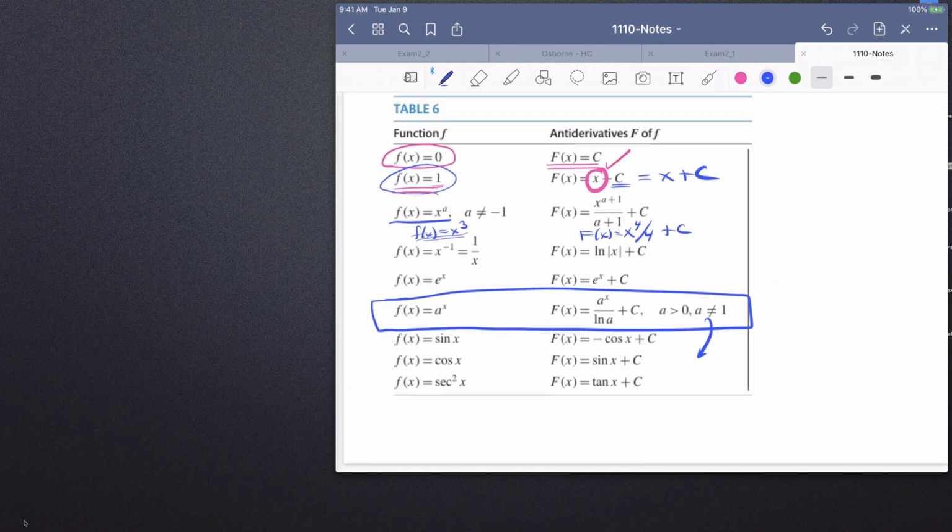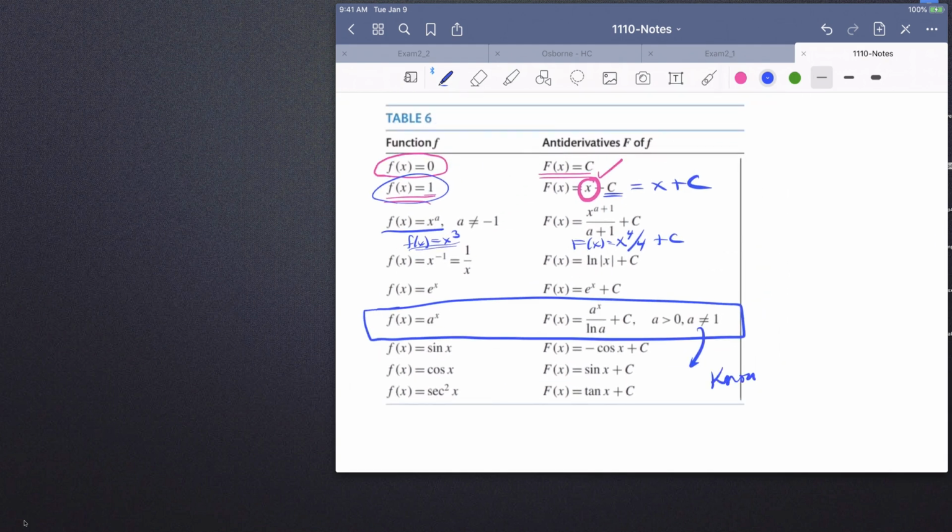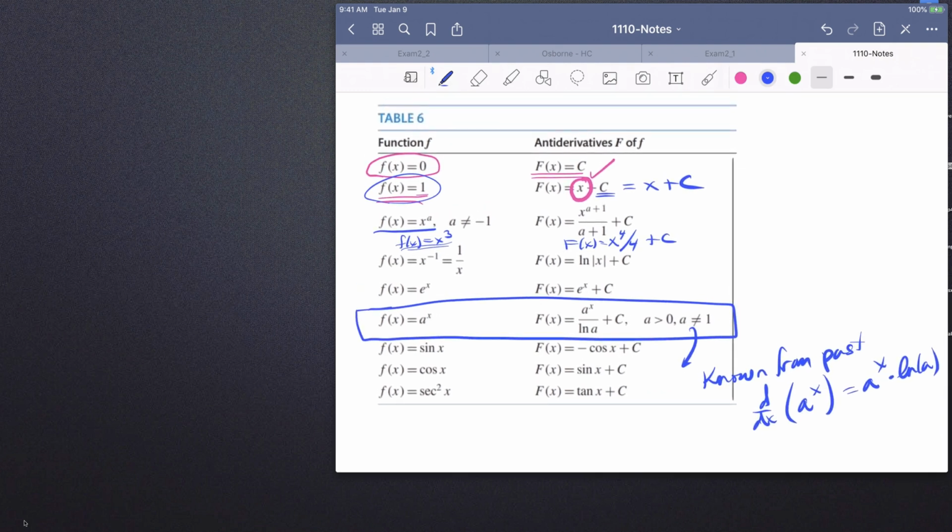What you may have known from the past is that the derivative with respect to x of a to the x is a to the x multiplied by the natural logarithm of a. But what if you were asked a new question: what could you take the derivative of to give you a to the x?